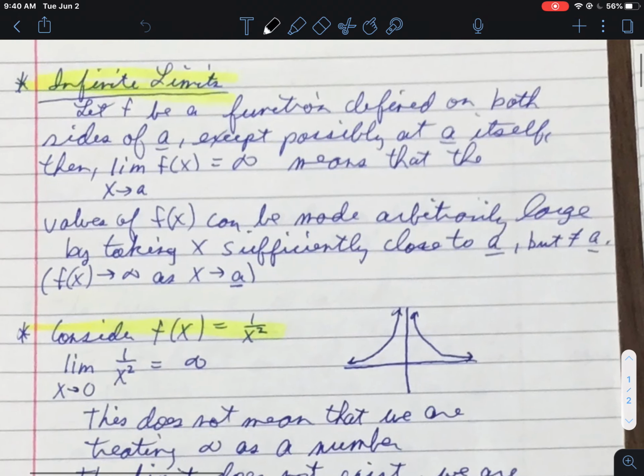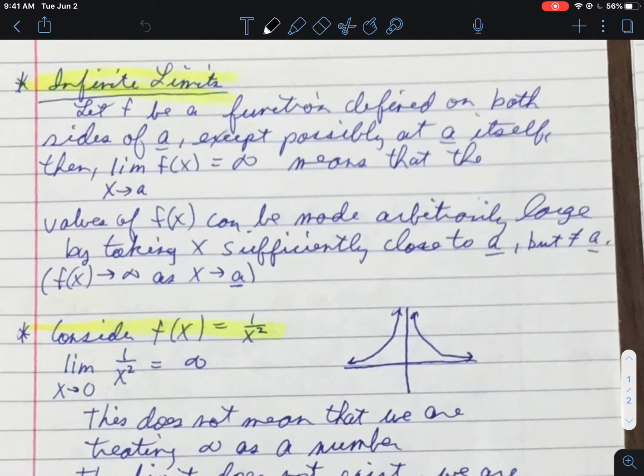Here's another possible behavior. In most of the previous examples, the function was approaching a specific value. Maybe it wasn't the same from both sides, but they were approaching specific values. We did have that earlier example, and this is the continuation of that.